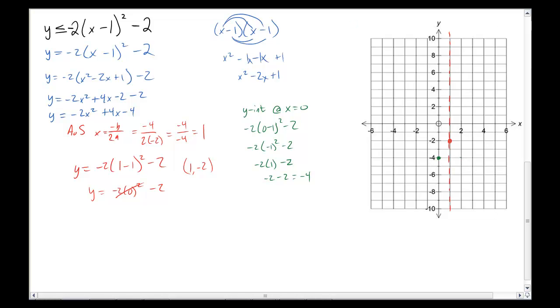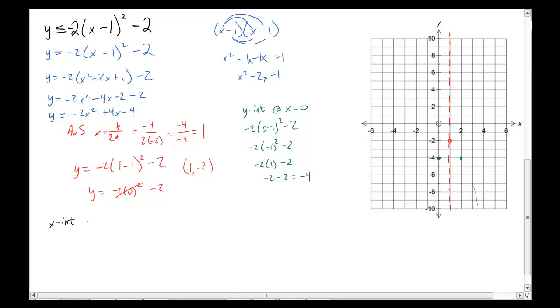Now, you should already know that you're not going to get an x-intercept, right? Because if this is the vertex and it's pointing downwards, you can see that the graph's just going to go like this. There's no reason then for you to look for the x-intercepts. I'm going to show you that if I do, it's not going to work.